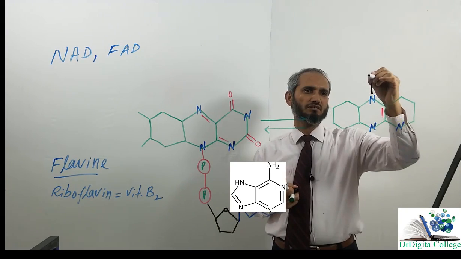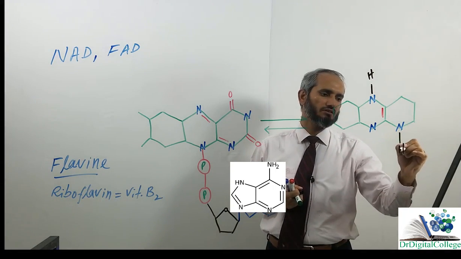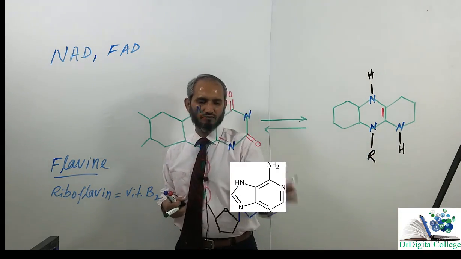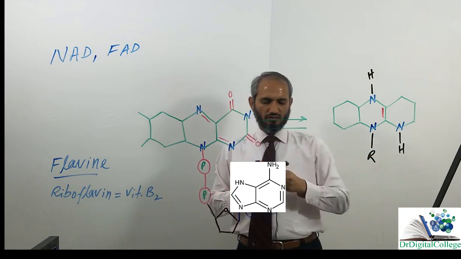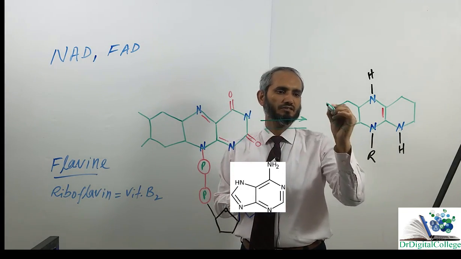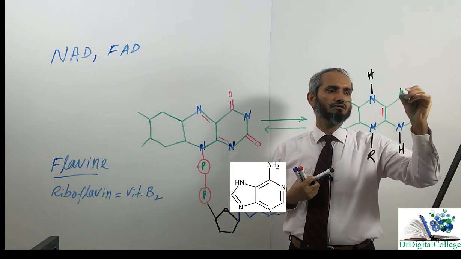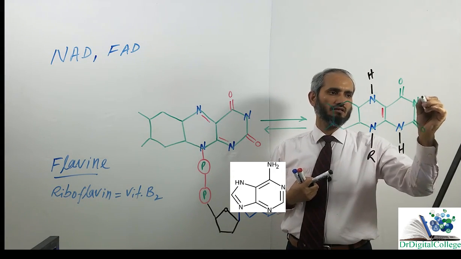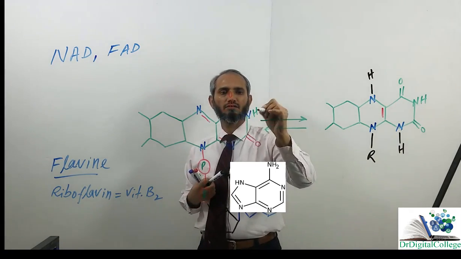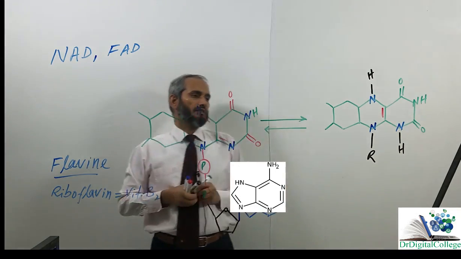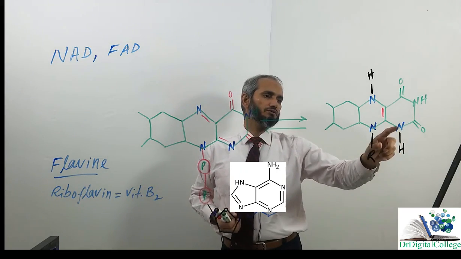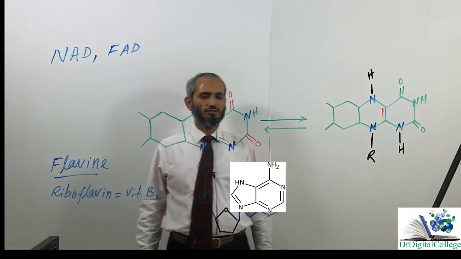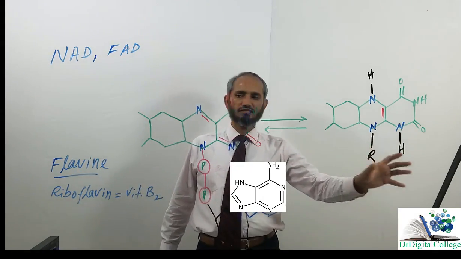One hydrogen is attached at this point, one hydrogen is attached at this point, while this is its R group which is attached with this nucleotide. Okay, and this portion is as such, double bonded O, this is NH here as such. So this is its reduced form. The two hydrogens are attached with this resonance structure because of the shifting of the double bond. And this portion is attached here as such.